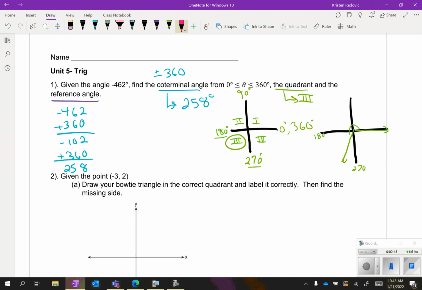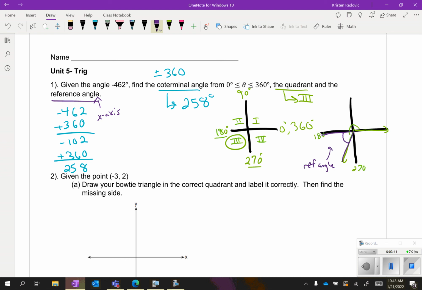Now, reference angles are always compared to your x-axis. So I'm going to go to the terminal side of this angle, and I'm going to compare it to the x-axis. And this is what we're trying to find the angle measure of.